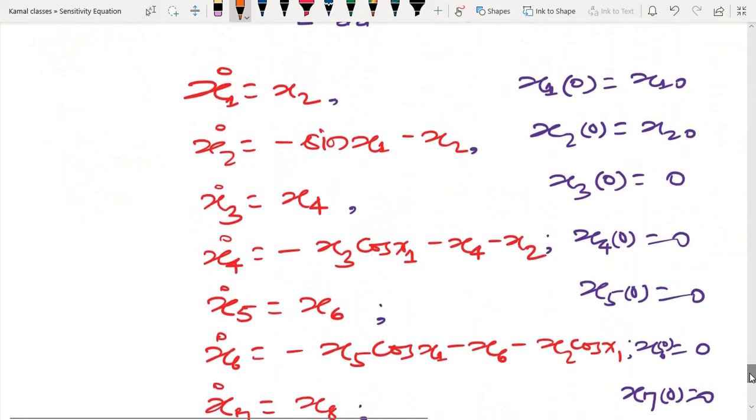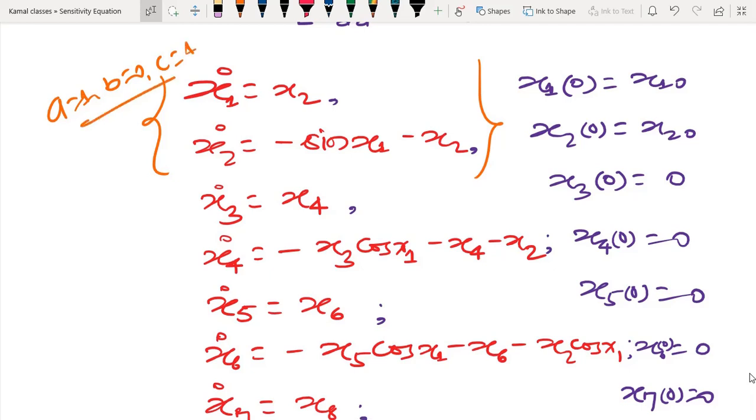So this is the original nominal system by putting a equal to 1, b equal to 0, and c equal to 1. Then I will get this equation, and whatever initial condition I have been given, I am going to substitute, and the initial conditions of the sensitivity equations I am going to take as 0 everywhere.